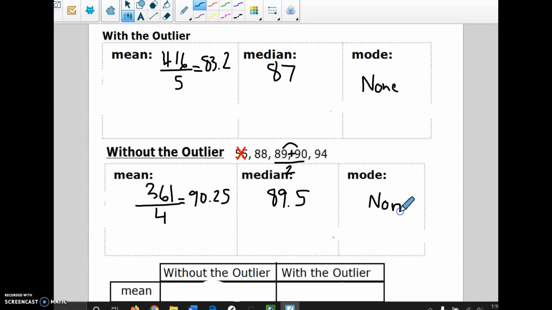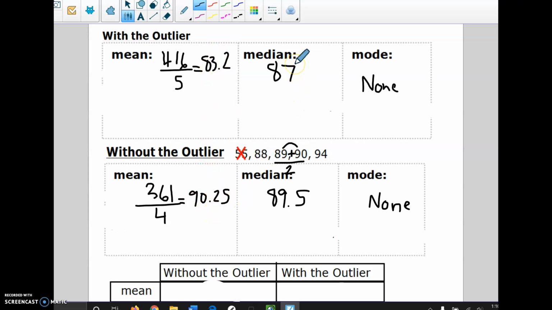Okay, so when I have an outlier, the median is supposed to be the best way to describe the data. If I look at the difference between the mean when I have the outlier versus when I don't, these are about 7 away from each other, 83 versus 90.